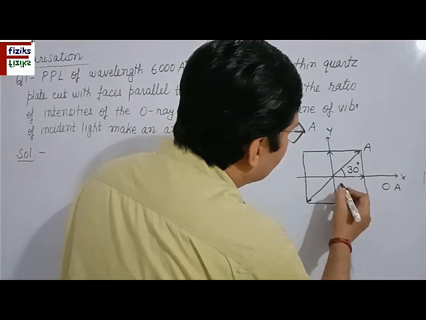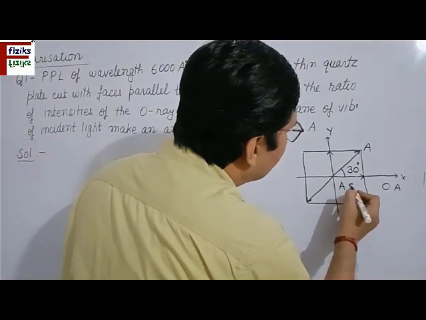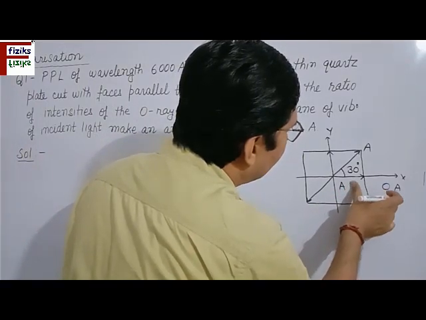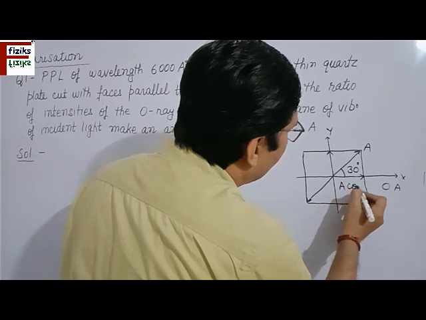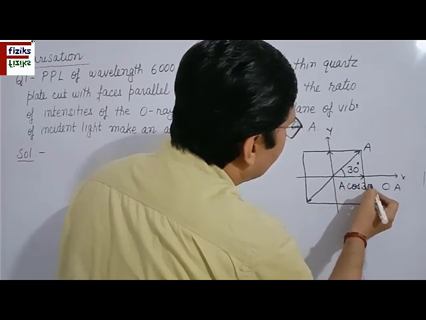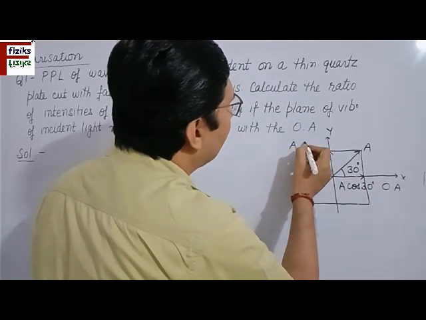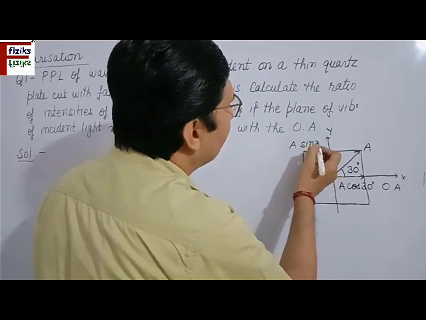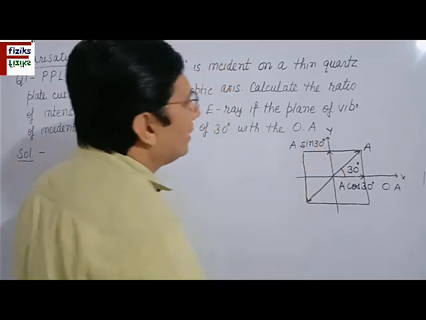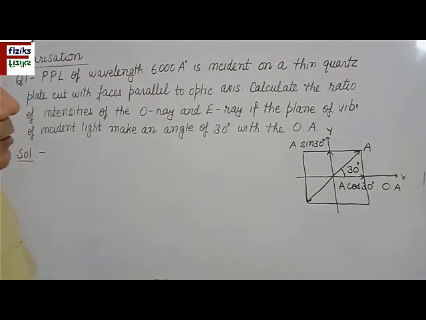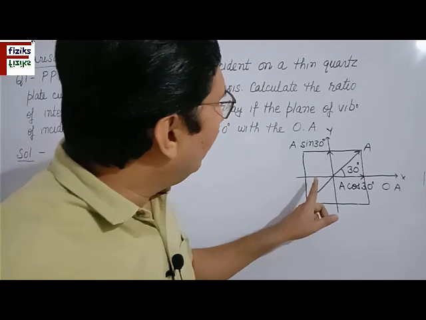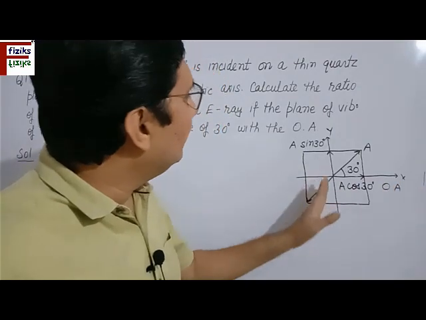Parallel component, its amplitude will be A cos theta. This will be A cos 30 degree, and perpendicular component will be A sin 30 degree.